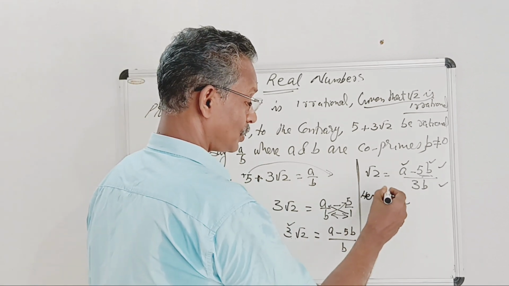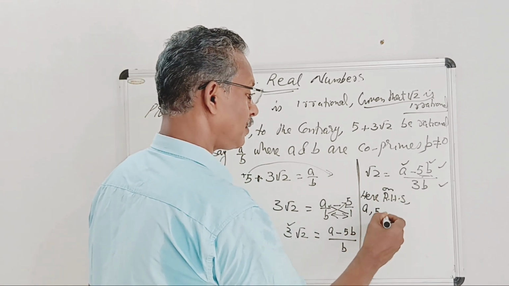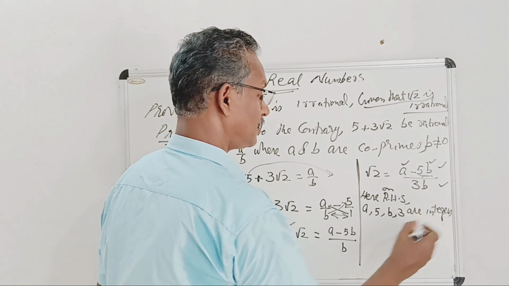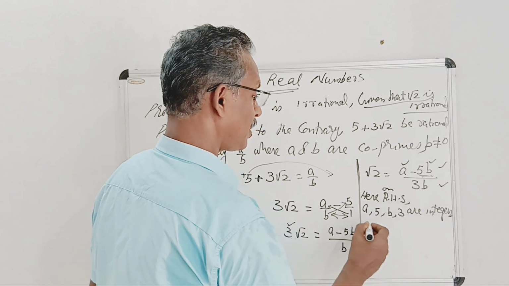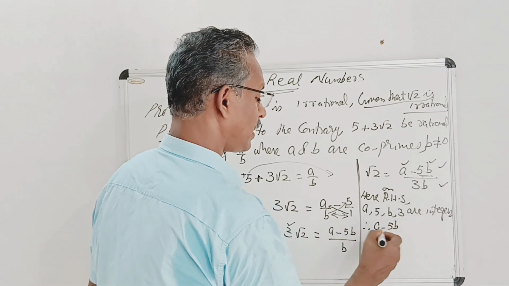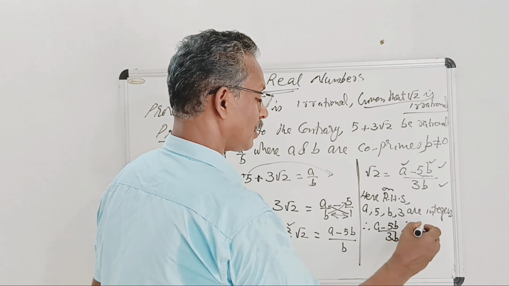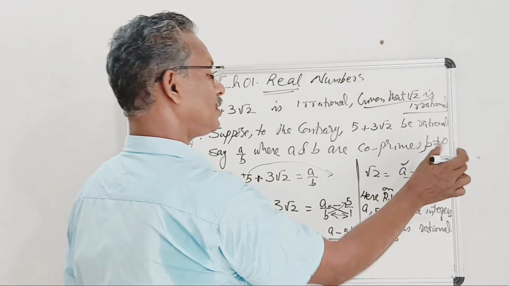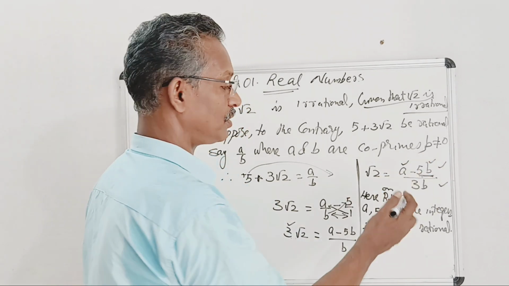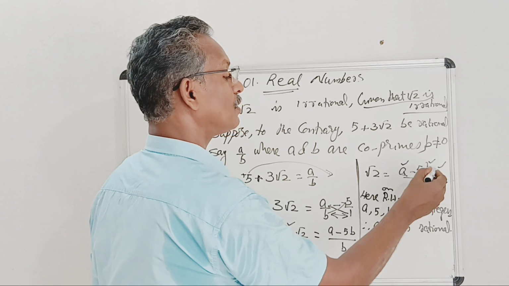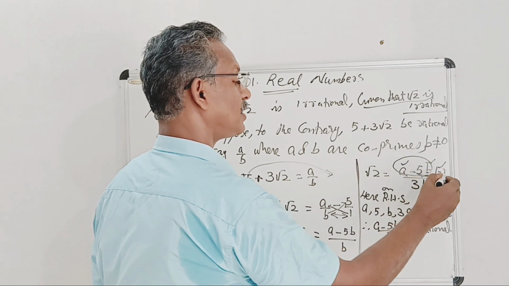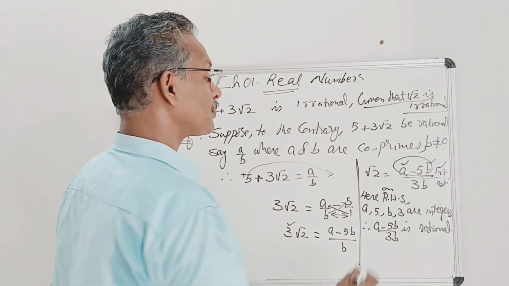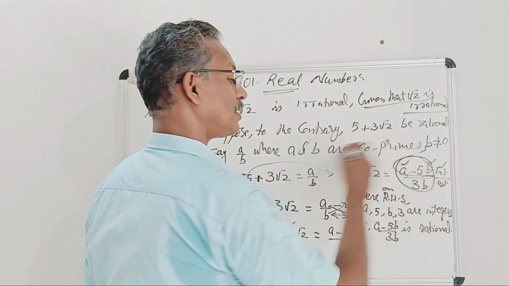Since A, 5, B, 3 are integers, therefore A minus 5B by 3B is rational. Integer by integer is called rational. Therefore, this RHS is rational.